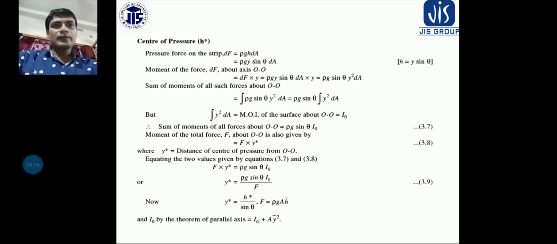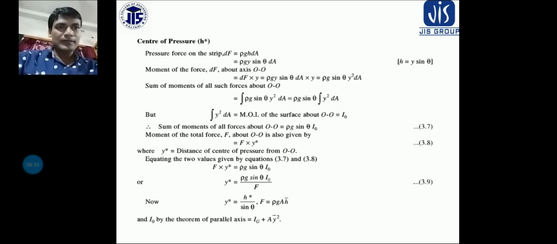Okay, so the moment of the force dF about axis OO: dF into y, that is rho g y sine theta into dA into y. So rho g sine theta y square dA. So dF, this force about axis OO, is equal to rho g sine theta y square dA. Now what is this y square dA?